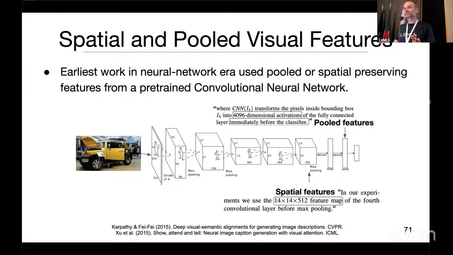Whereas papers working on spatial features would talk about how in our experiments we use a feature map, and this would come from one of the different layers inside the convolutional stack. If you go beyond vision and language models, for example, if you wanted to do object segmentation, you would find approaches that would use these spatial features at different convolution layers in the model, getting really fine-grained information up to more coarser information to find the boundaries of objects in the image.